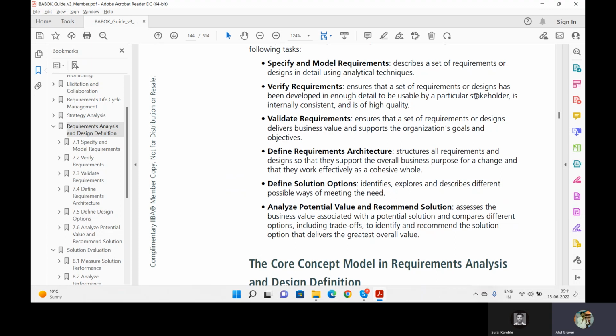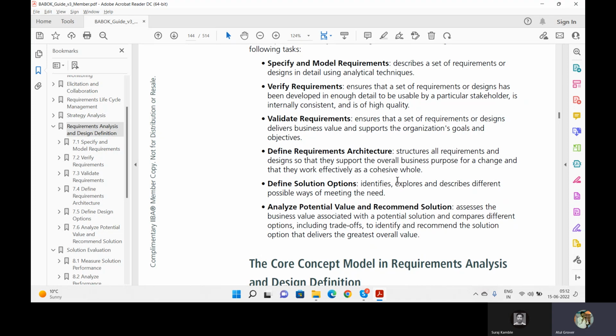Validate the requirement. Validate means the solution you are building, the design you're building, should have a business value, और वो ऑर्गेनाइजेशन के स्ट्रक्चर सॉरी गोल से मैच होना चाहिए. Define requirement architecture, that is how these completely work together and are interrelated. एक requirement दूसरे requirement से कैसे interlink है, how they are going to achieve a common goal of the organization.